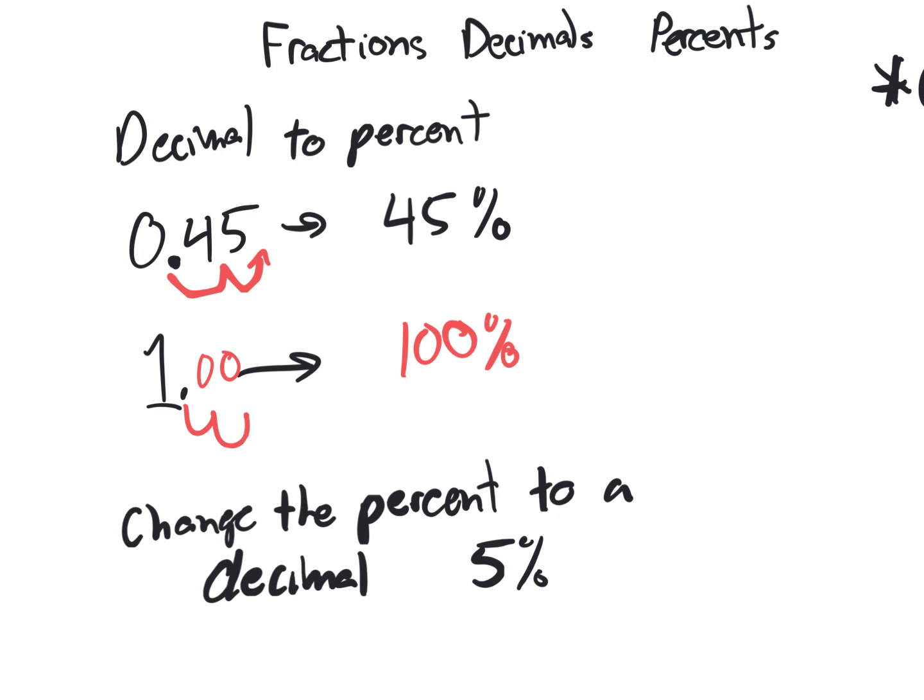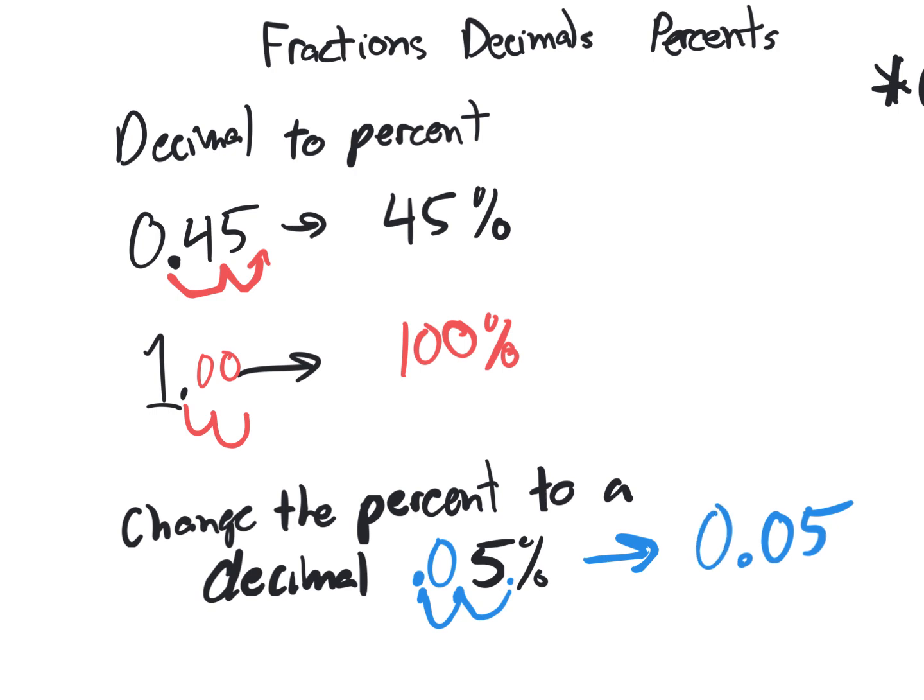But if to change a decimal to a percent, you moved it 2 spaces that way, to go from a percent back to a decimal, it's just moving it back the other way. So right here, 5% is just taking that decimal and moving it 1 spot, 2 spots, and putting that 0 in there. So that decimal would be 0.05. 5% is practically nothing.